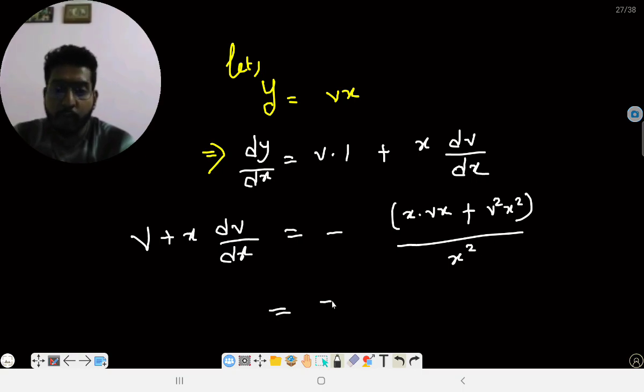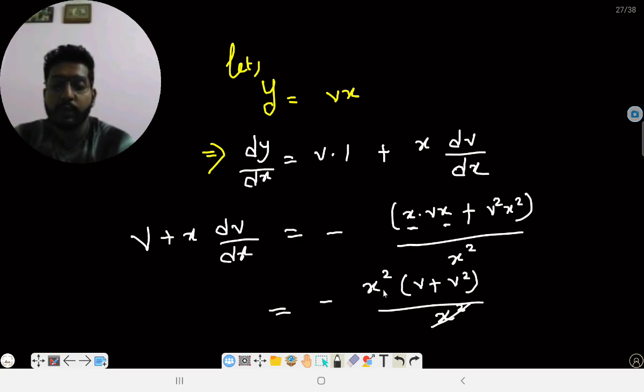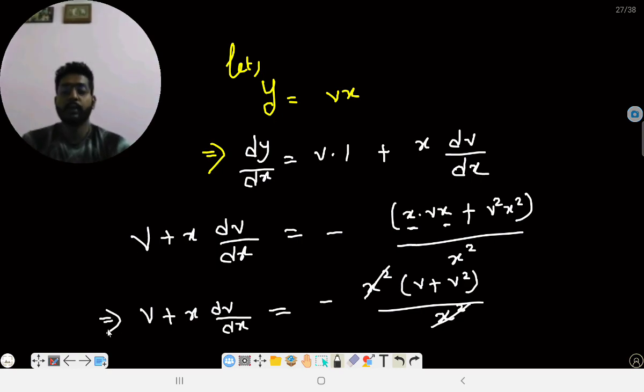From the numerator you can take x square, giving v plus v square, and the x square cancels out.